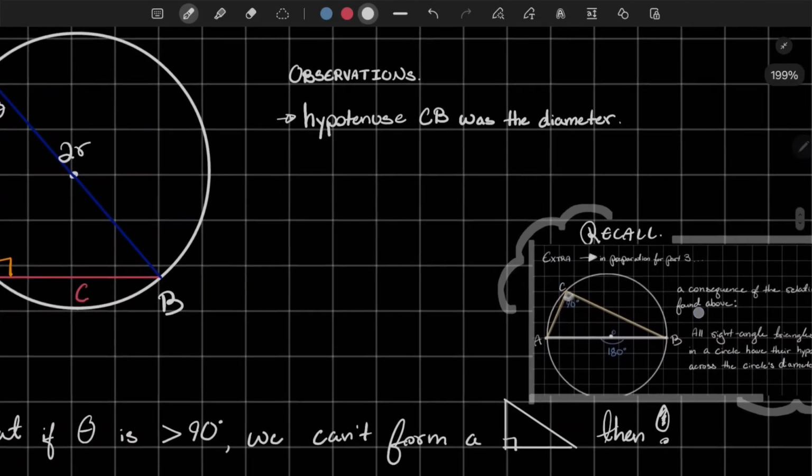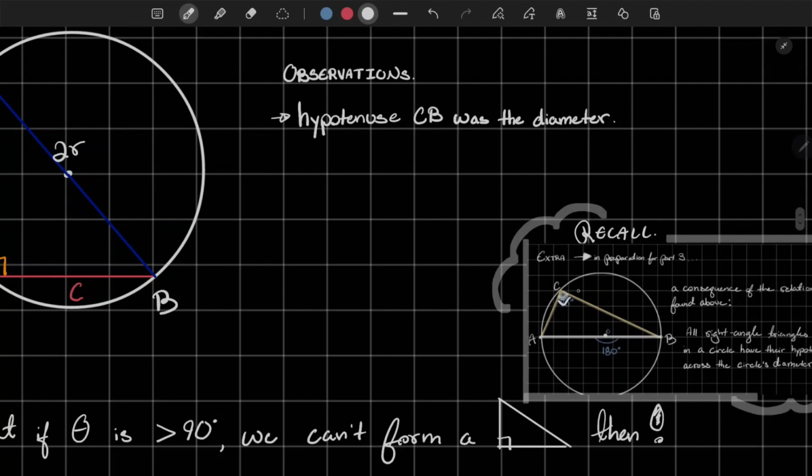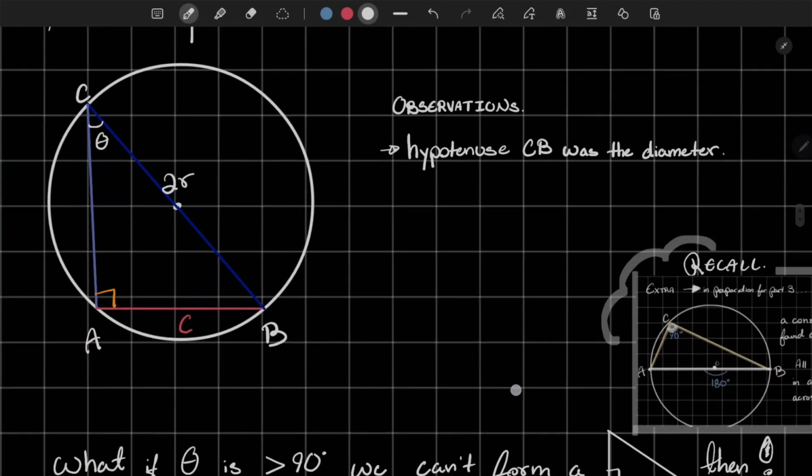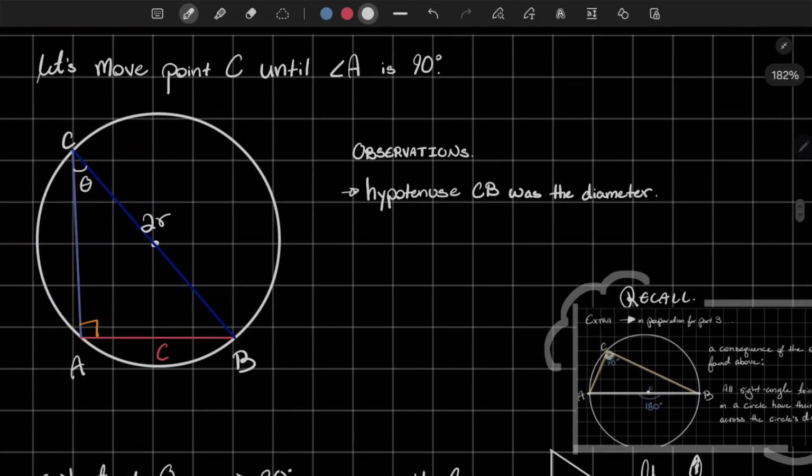Pretty much, if you're gonna have a 90-degree triangle inscribed in a circle, you're gonna have a 180-degree angle formed at the center. And so you're gonna have this line now running straight through the circle. It is going to be our diameter. So yeah, here hypotenuse CB still is our diameter.